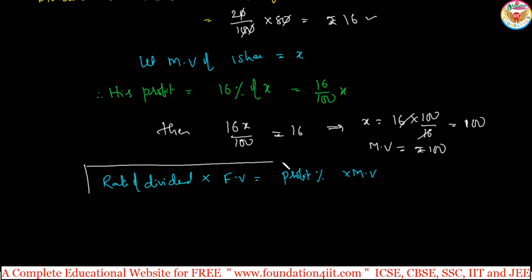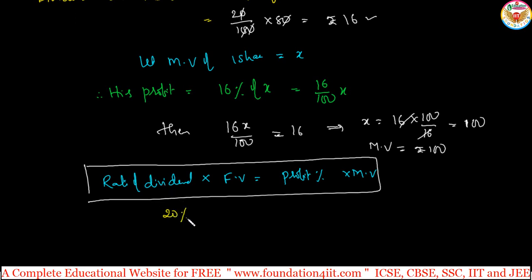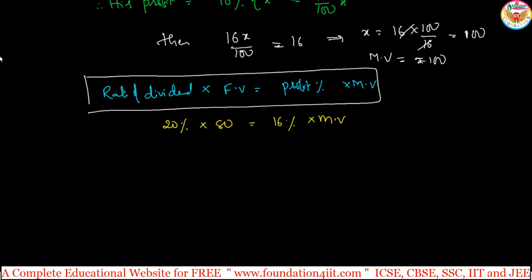Let us apply this one. Rate of dividend, according to the problem, is 20%, into face value, which is 80. That should be equal to the profit, which is 16%, into market value. Yes, from this you can calculate directly.